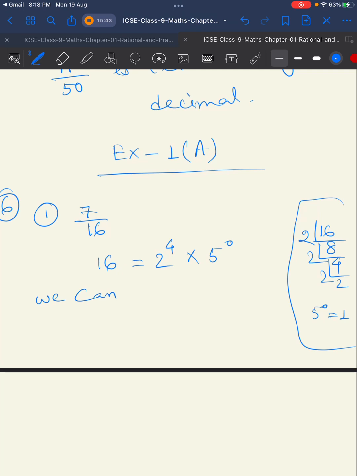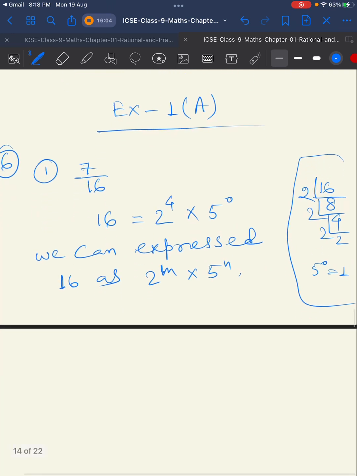So we can express 16 as 2 to the power m into 5 to the power n. Hence 7 by 16 is a terminating decimal.